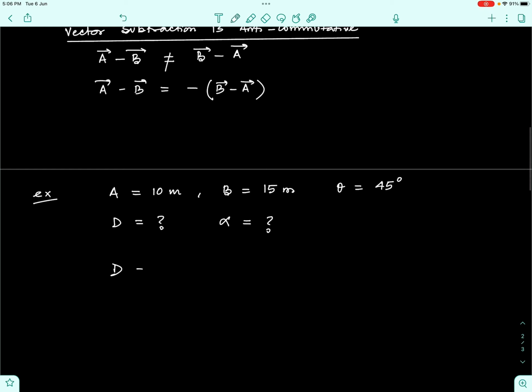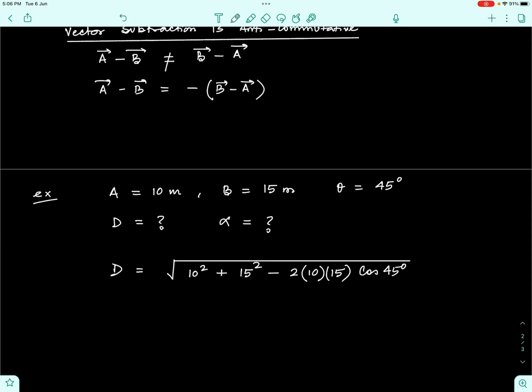We know that the magnitude of vector D is given by square root of a squared, which in this case will be 10 squared, plus b squared minus 2ab cos theta, right.